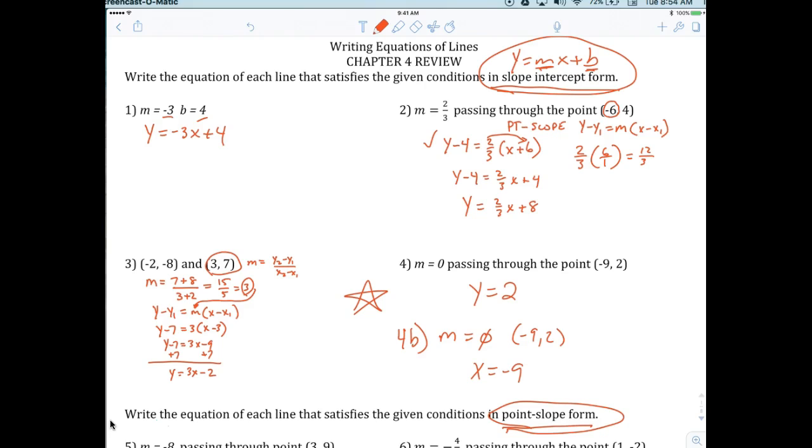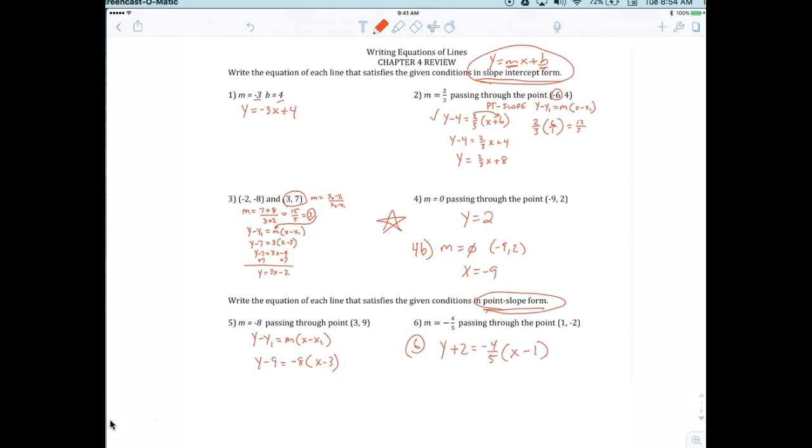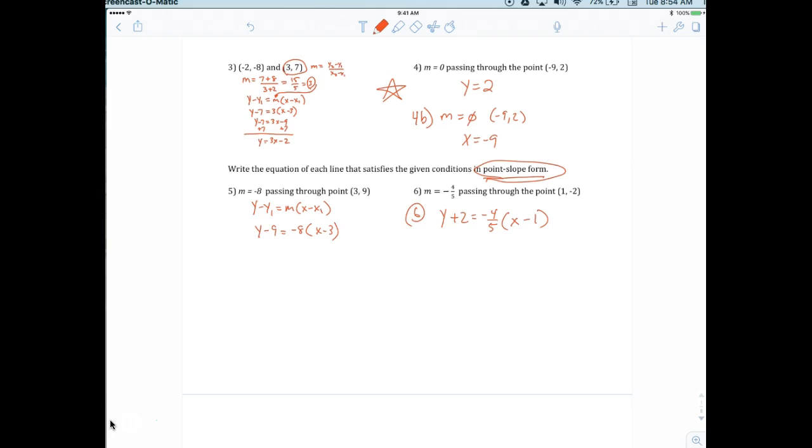You just have to know the forms. That's why I say those are easy. When you get to higher level math, you don't have options. If somebody says write the equation of the line, they don't say write it in point slope form. They just say write the equation of the line, and you write it the quickest way you can. So you recognize right there it is point slope form. Okay?